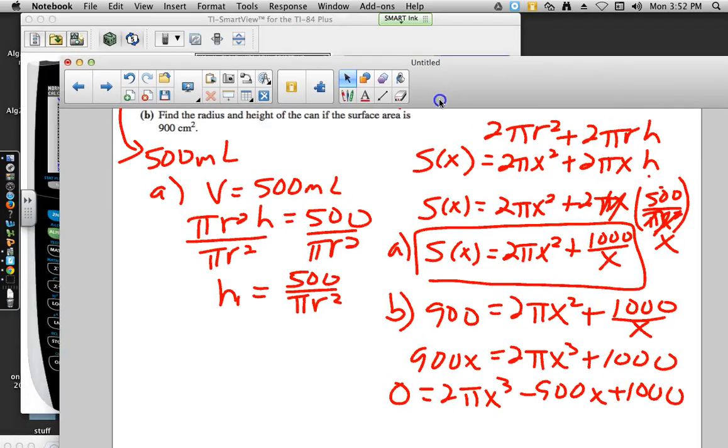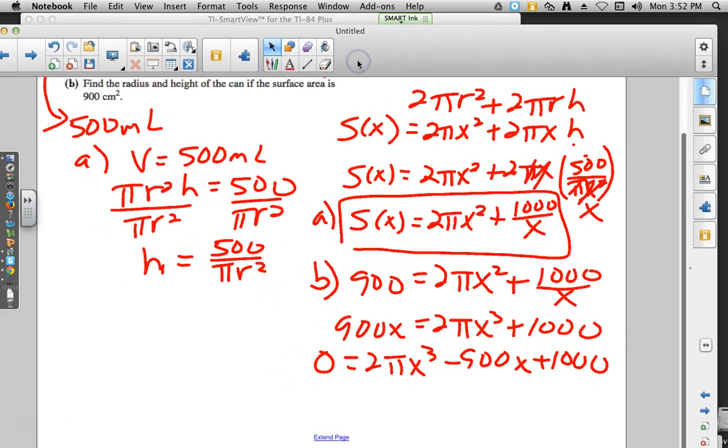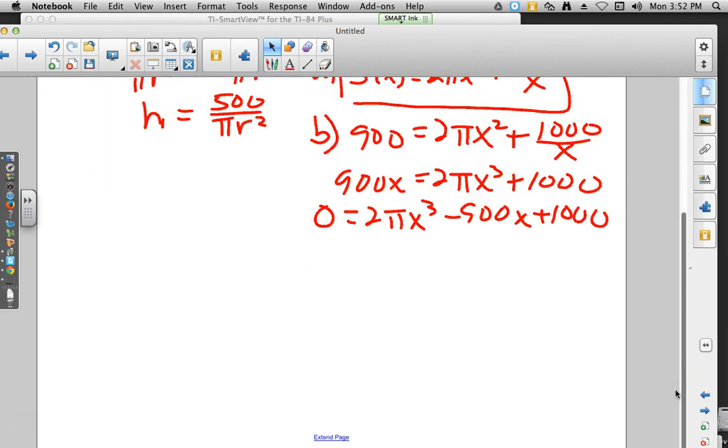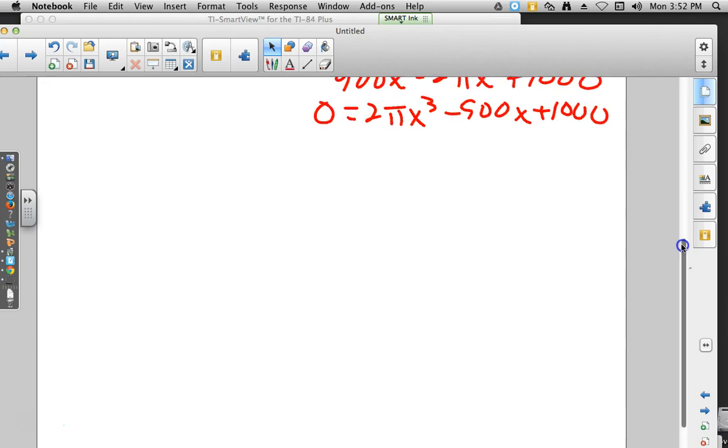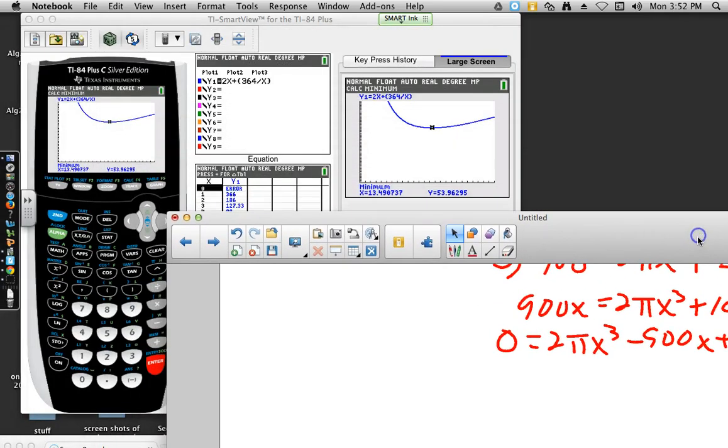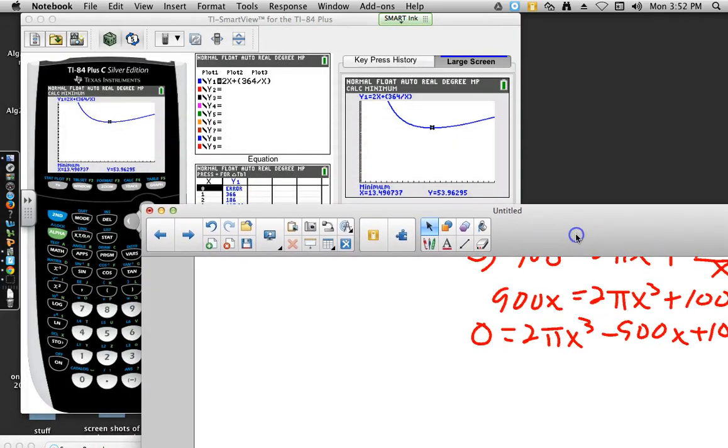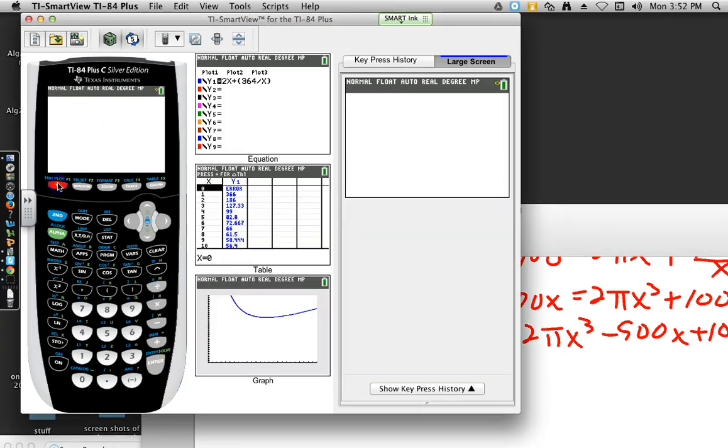So getting that calculator, actually I'm going to move this up so you can keep an eye on that formula while I'm punching this in. And we'll clear out that obnoxious one we just had up there.